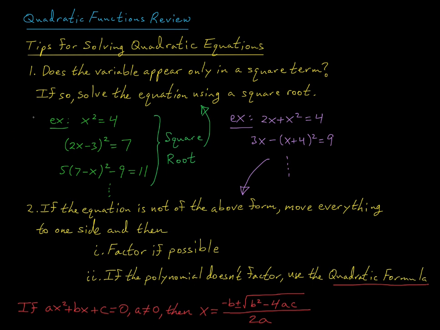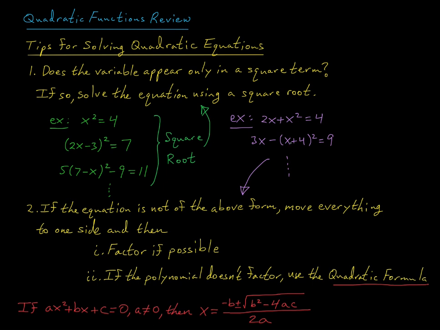Well, first thing I'd recommend is just to look to see if your variable only appears in a square term. Okay, so if you have an equation like one of these you see here in green, in each instance, the variable x appears only in a square term, whereas in equations like this that you see here in purple, I have a square term here, but then I also have this linear term.